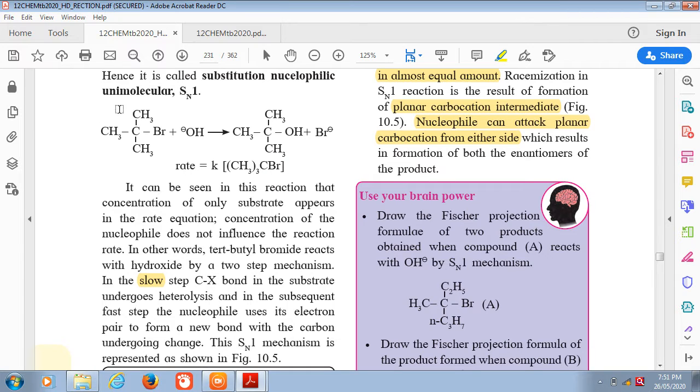That produces a carbon carrying a positive charge, that is a carbocation, and then in the next step, which is the fast step, there is an attack of the nucleophile. So in the slow step the substrate undergoes heterolysis, and in the fast step there is an attack of the nucleophile.